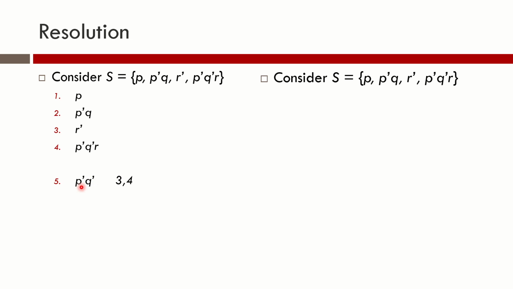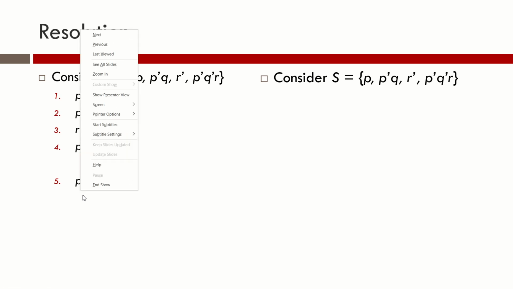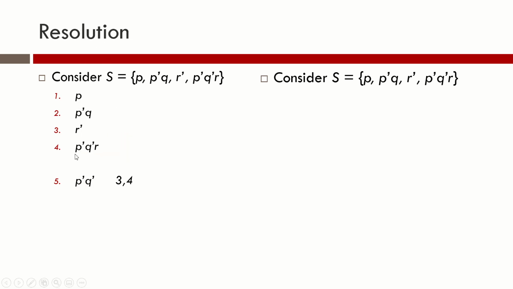Now in the next step, we again need to find a set of clashing clauses and perform resolution. The fifth one is P complement Q complement, and the second one is P complement Q. So 2 and 5 clash on the literal Q. We perform the resolution rule: from P complement Q you remove Q, and from P complement Q complement you remove Q complement.